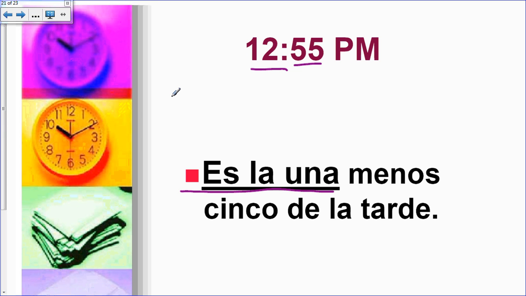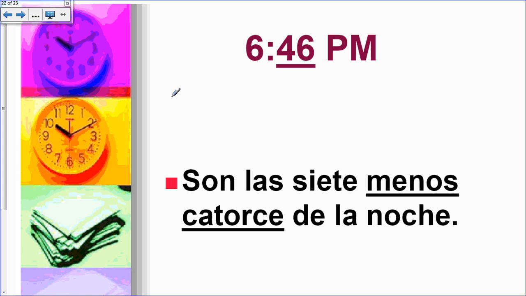Again, whenever you refer to 1, it's got to be es la una. Número cinco, rounding up to 7. So son las 7 menos 14, the amount of minutes difference. Menos 14 de la noche.